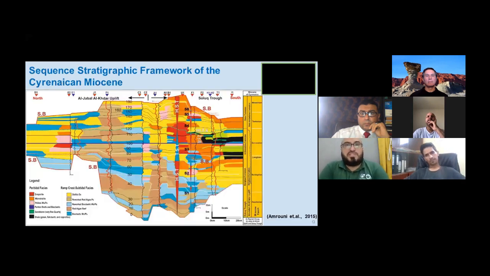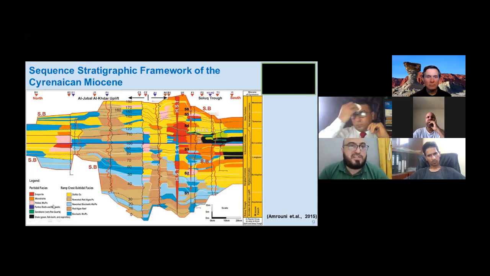Here you see the sequence stratigraphic framework of the Cyrenaican Miocene. This cross-section has been constructed roughly from north to south, where the datum was selected at the base of the maximum flooding zones.